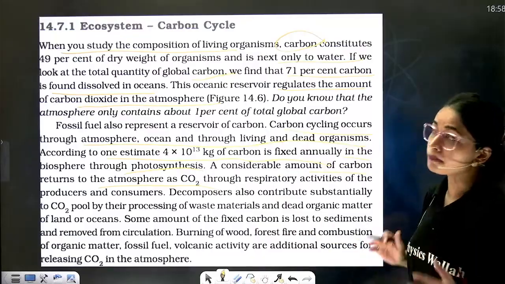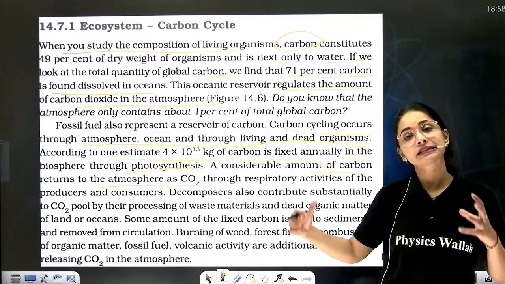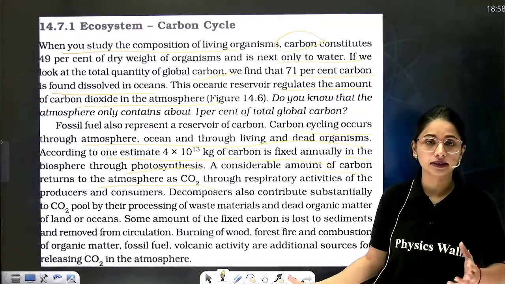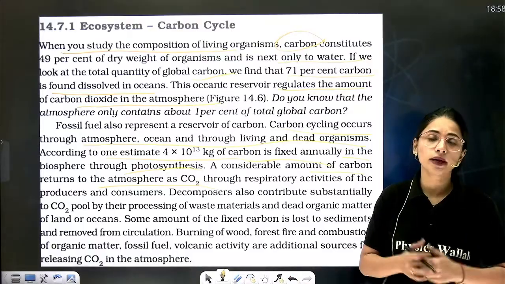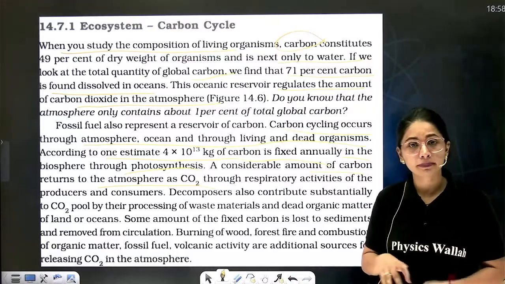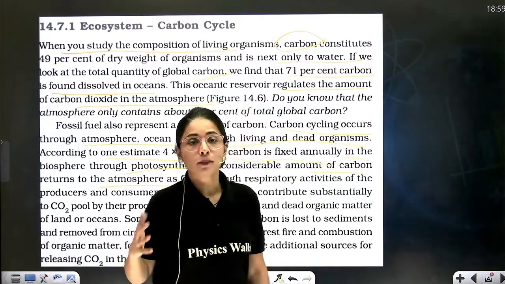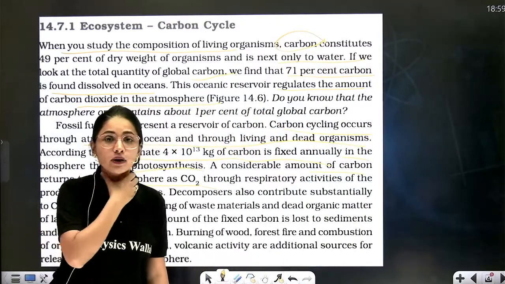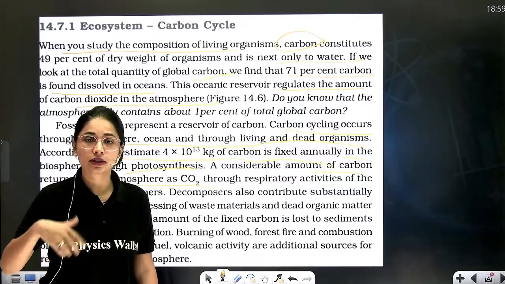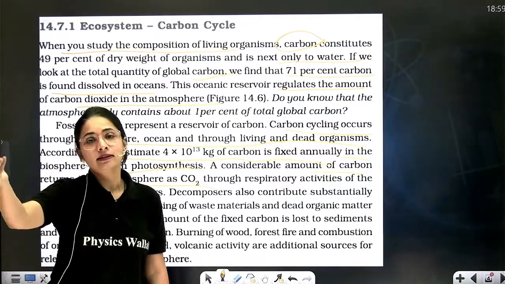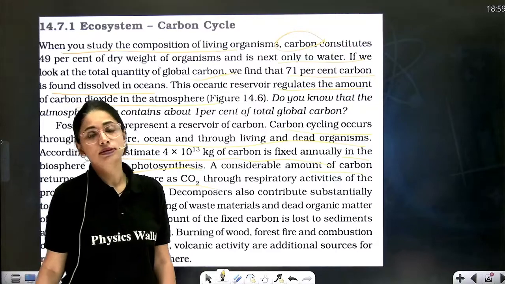Correct? Decomposition also, even when bacteria decompose the dead organic matter, then too they are consuming a high amount of oxygen. You remember I told you decomposition is an aerobic process. For bacteria to decompose dead organic matter, they take in oxygen, they respire and then they release CO2 outside.